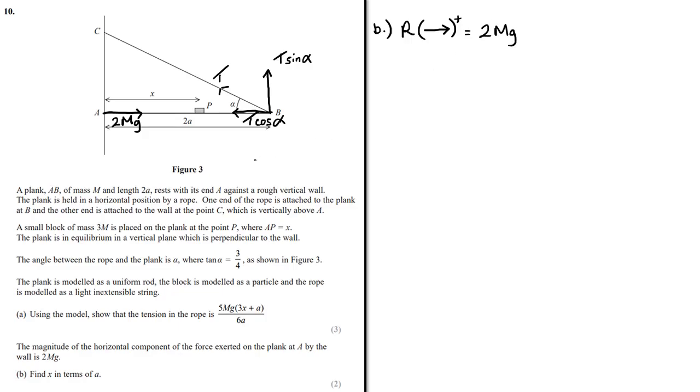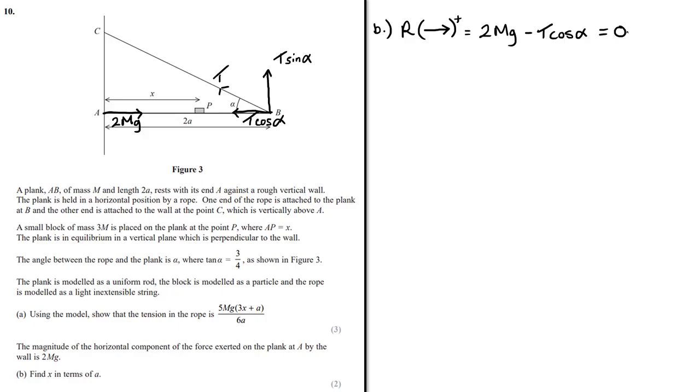However, the only other force that's opposing this is T cosine alpha. Because that's going in the opposite direction, that will be negative. So that's going to be minus T cos alpha. And because the plank is in equilibrium, this will be equal to 0.